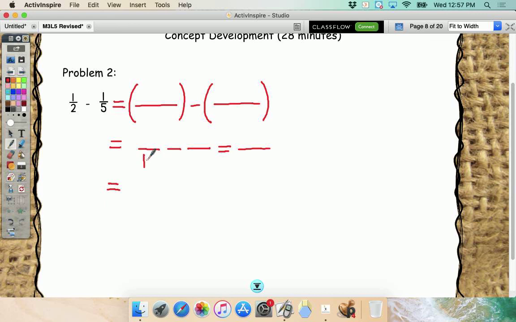Okay. Caden, can you help me out with the multiplication? 2 times 5 and 1 times 5 and 5 times 2 and 1 times 2. Awesome.